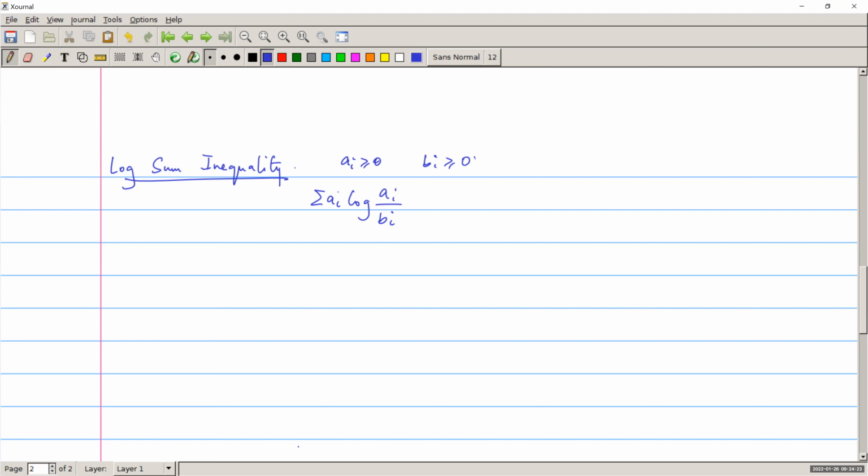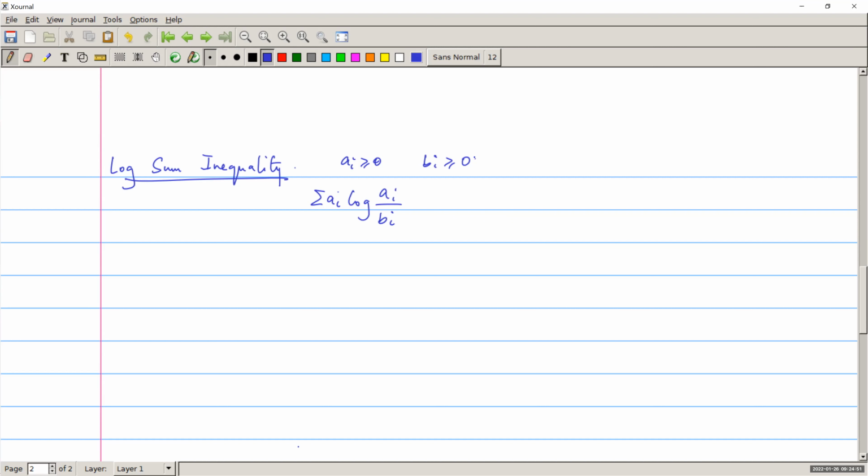The only distinction is that a_i and b_i need not be probability distributions. Each a_i is positive, each b_i is positive, but it is not necessary that they add up to 1. They can add up to some other numbers, and not even the same number.